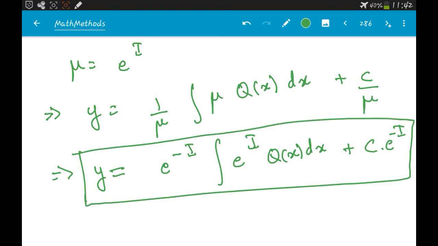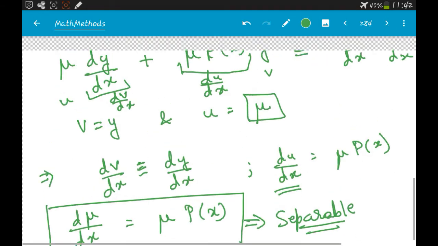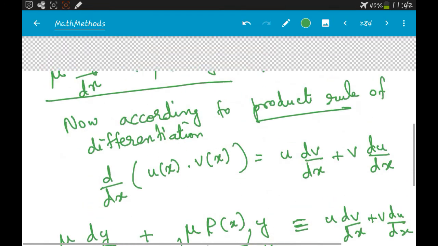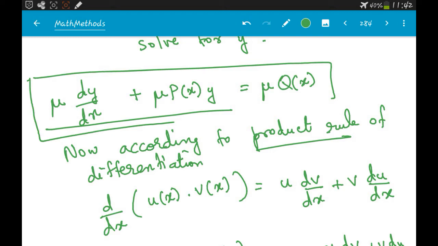So this is your formula for y. Whenever you have an equation of this form, you should always use the integrating factor method.